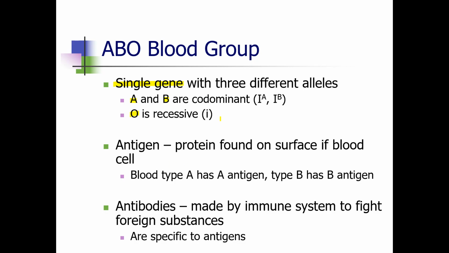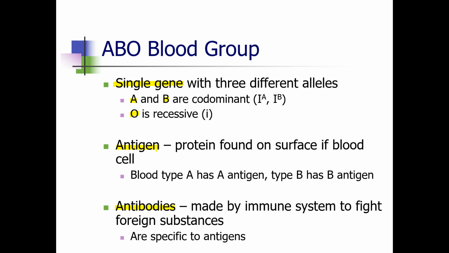Now, the way this works is, once again, your genes often determine proteins, and so these alleles determine which proteins or antigens are on your blood cells. So like if you're type A, you have the A antigen. If you're type B, you have the B antigen. And if you're type O, you have no antigens, okay? Now, our body, when we don't recognize something, we will produce antibodies against it.